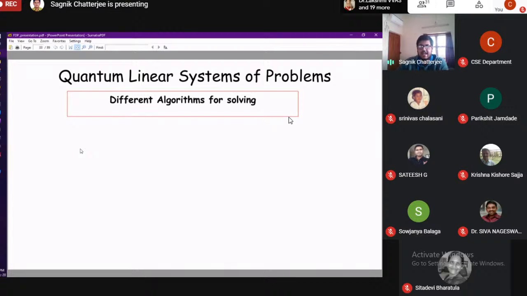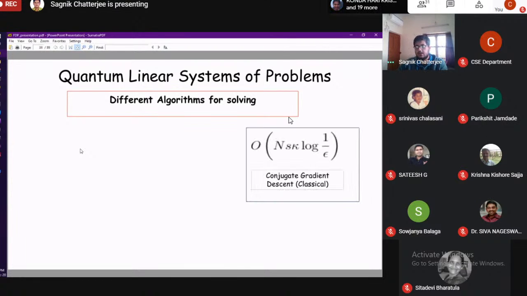So we have different algorithms for solving linear systems of equations classically. The fastest way to solve is conjugate gradient descent. People are aware of gradient descent, which takes like quadratic time. No, it takes 10 to the power 3.